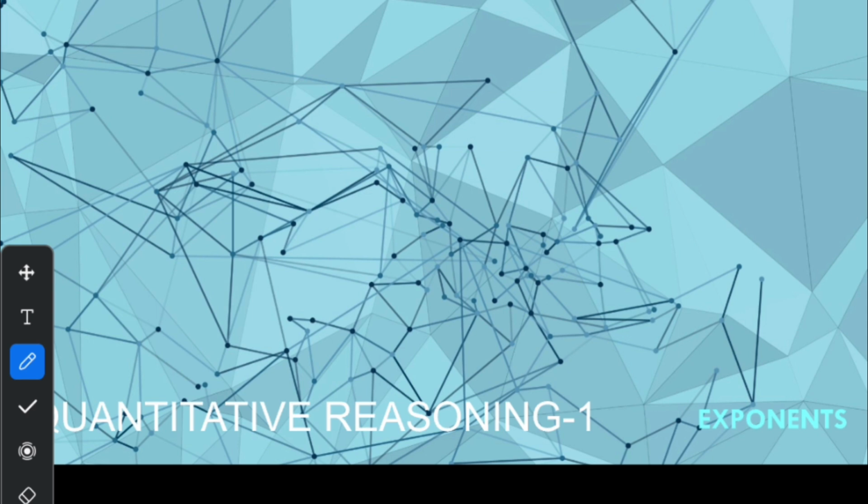So since this number is written 4 times, 1, 2, 3, 4, I can equally write it as 2 power 4 or 2 with the exponent 4. Here 4 is the exponent, or we can say that 4 is the power over the base 2. In this case 2 is the base and 4 is its power.